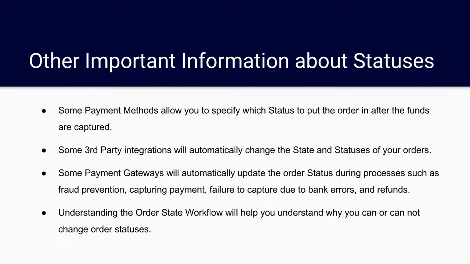And it's possible that it can update the order status or state in your Zoey order. So understanding the order state workflow, that workflow that I showed you in the earlier slide with new, processing, complete, and the default order statuses for those states, can help you understand why you can or cannot change order statuses in your admin.